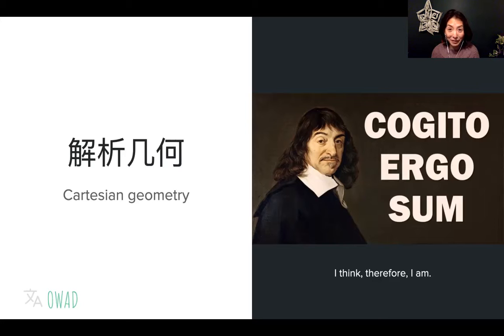And apparently he is some thinker. And I don't know, like that's the Enlightenment era, the 17th century, a lot of new thinkings, a lot of adventurous spirits to come up with new ways of looking at things, including this 解析几何, analytic geometry.